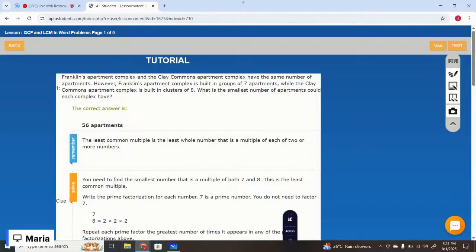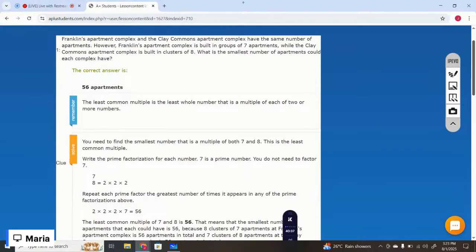The least common multiple is the least whole number that is a multiple of each of two or more numbers.